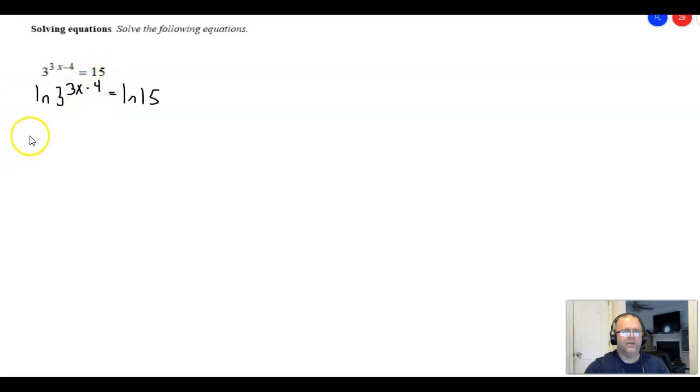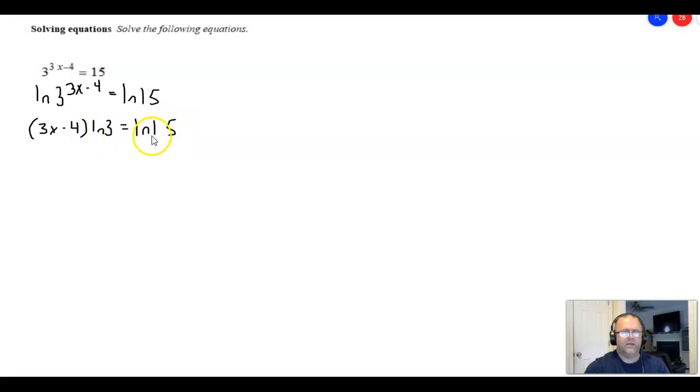I'm going to put this in parentheses to make sure that I distribute it. So 3x minus 4 goes out in front. And remember, you can only do that when we're dealing with logarithms. So 3x minus 4 times the natural log of just 3, we just moved that exponent out to the front, is equal to the natural log of 15.